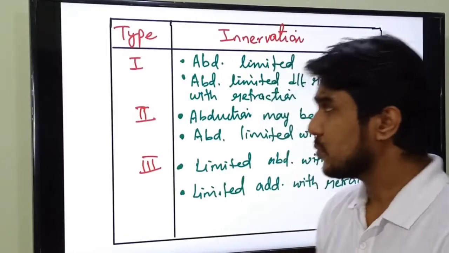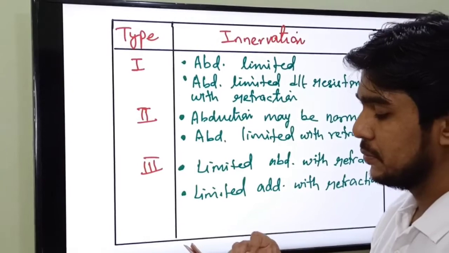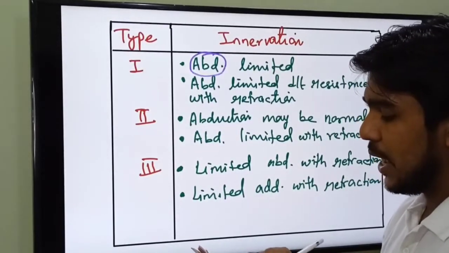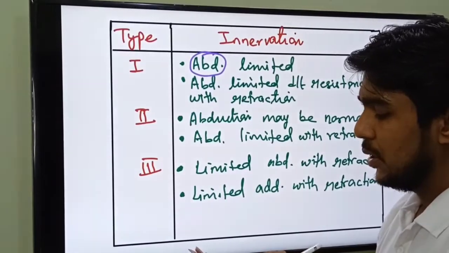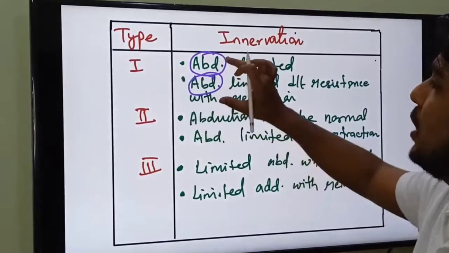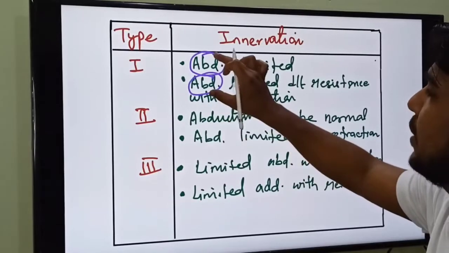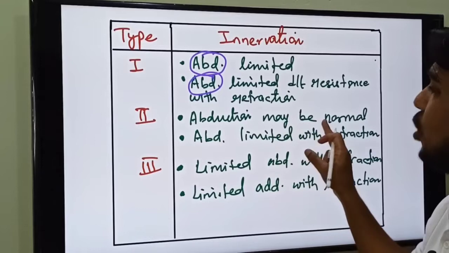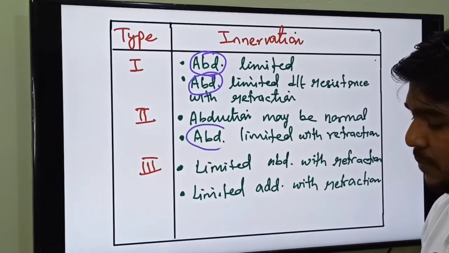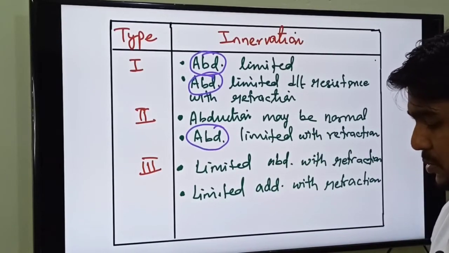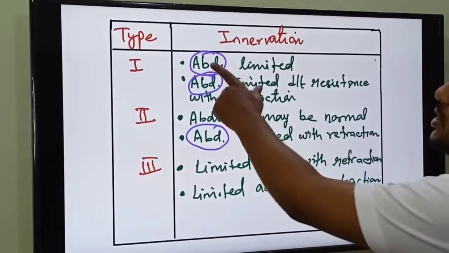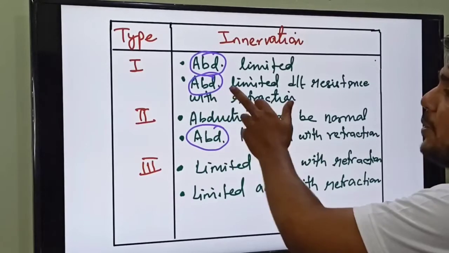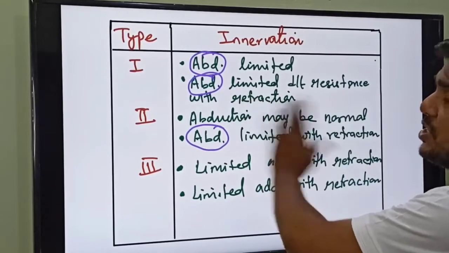Let me tell you, see here, in this one there is only abduction limitation. In type 2, adduction is normal, only abduction limited with retraction. Here abduction is normal, adduction limited, and abduction also limited because of restriction.